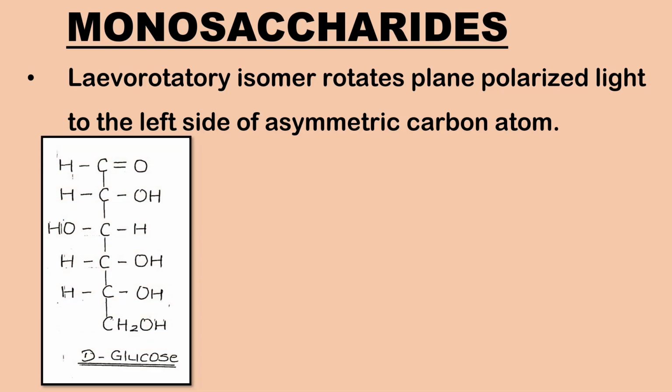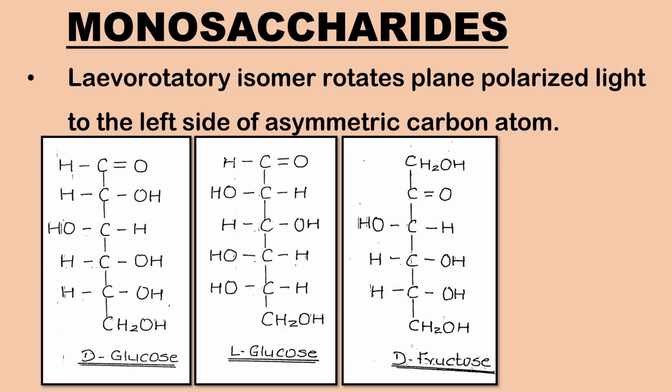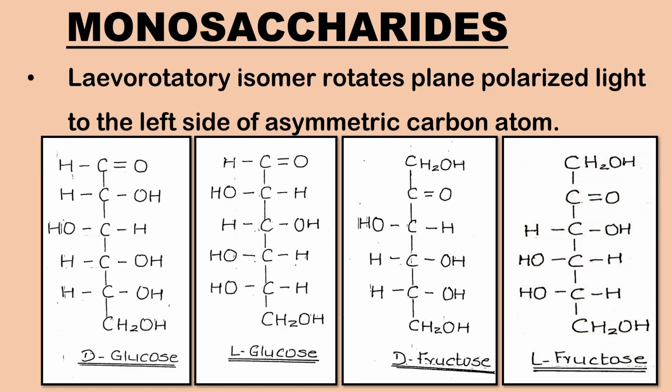In D-glucose, the OH group is on the right side, and in L-glucose, the hydroxy group is attached to the left side of the asymmetric carbon atom. In the case of D-fructose, the OH group is on the right-hand side, and in L-fructose, it is on the left side of the asymmetric carbon atom, forming a mirror image of each other.